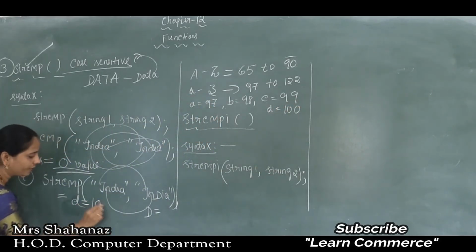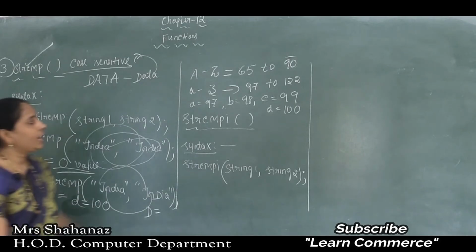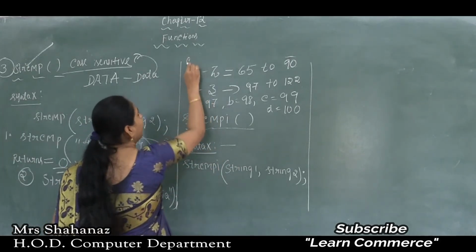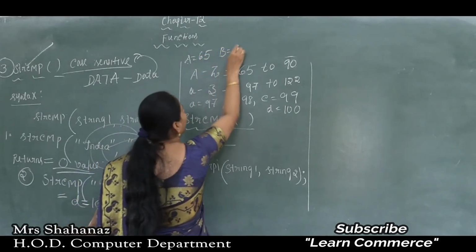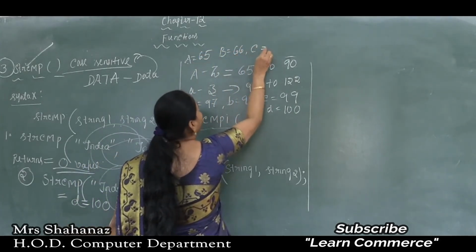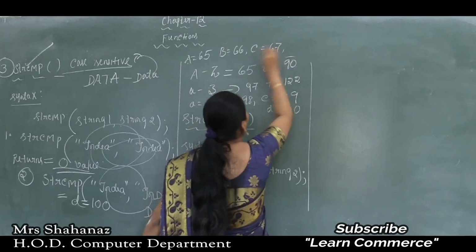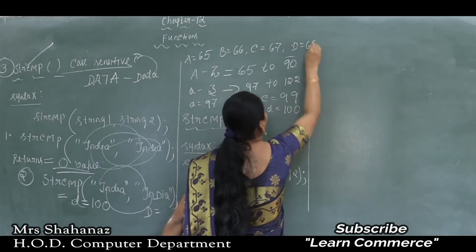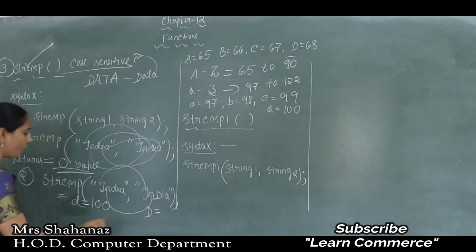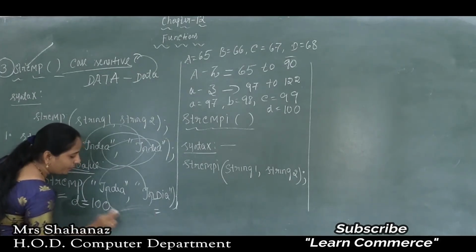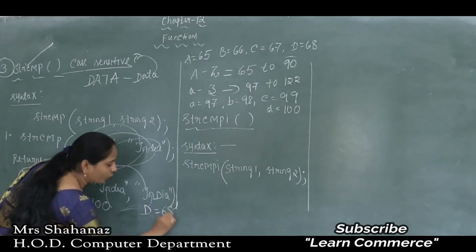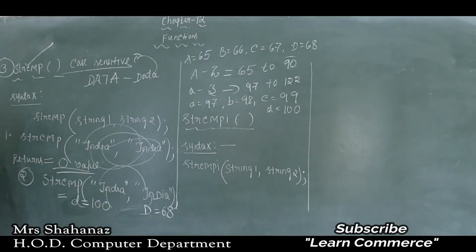So the value of small d is 100, and the next ones are capital letters: capital A is 65, capital B 66, capital C 67, capital D equals 68. So the value is 100 for small d and 68 for capital D.